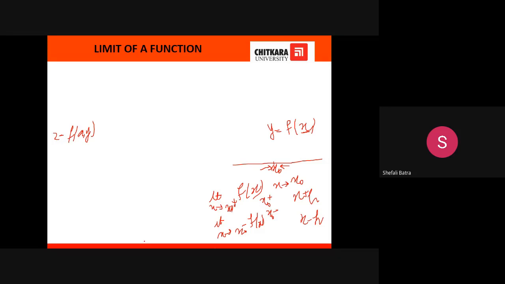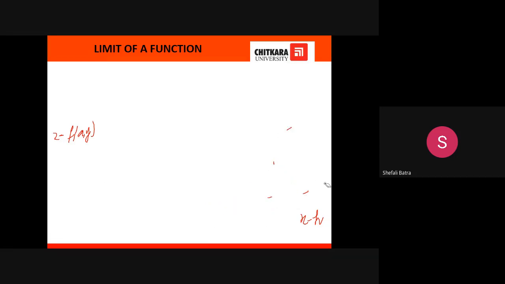Right? Now, come to two variables. In two variables, your domain is the complete xy plane. So I'm saying this x comma y approaches this a comma b. There it was x approaches x naught.